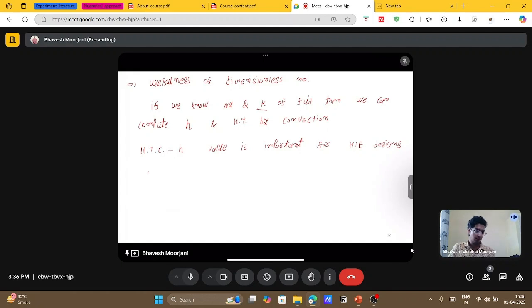Now there are multiple empirical equations available which provide the Nusselt number for natural as well as forced convection.